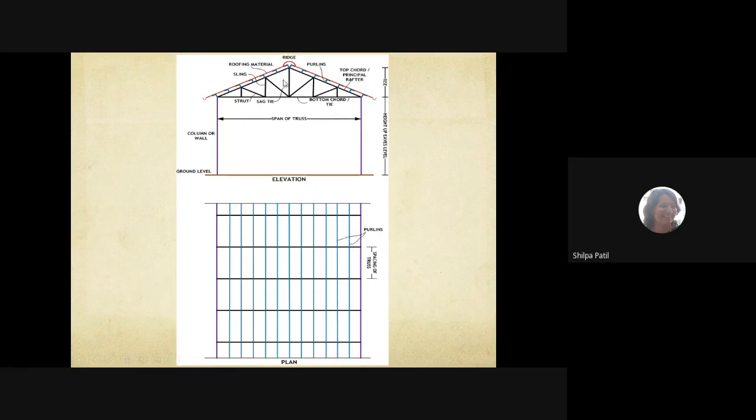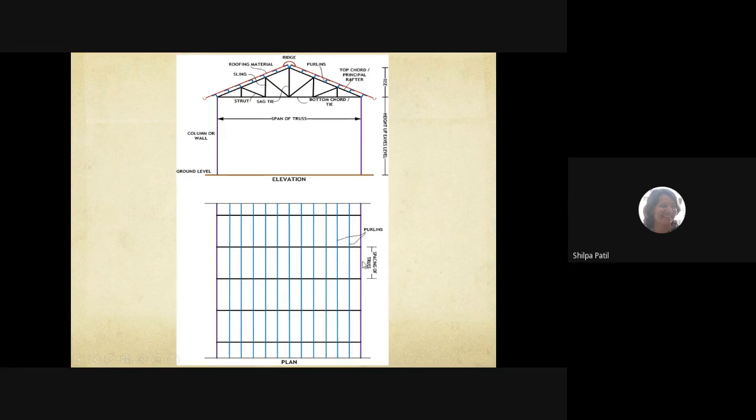Now, this is one truss. Behind this, there will be another truss with the same system. So the distance between these two trusses is the spacing, which we can observe in the plan. Just imagine you are observing an industrial shed from the top. It will look like this.